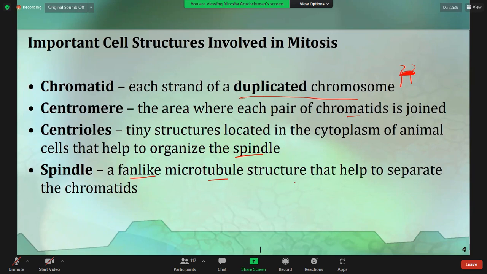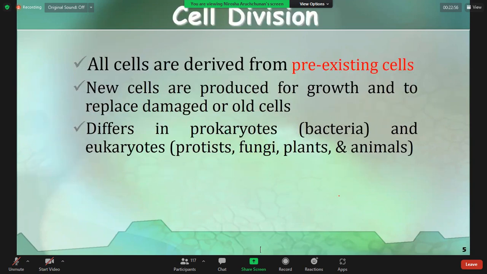We'll see how it is formed and how it helps in the separation of chromatids. These are the things you need to know about the important structures involved in mitosis.